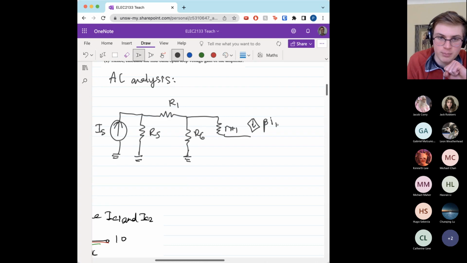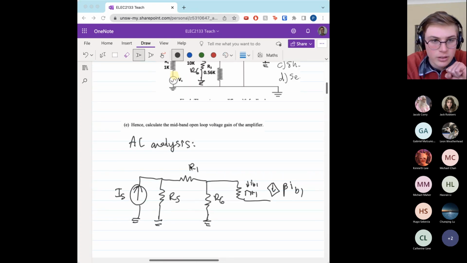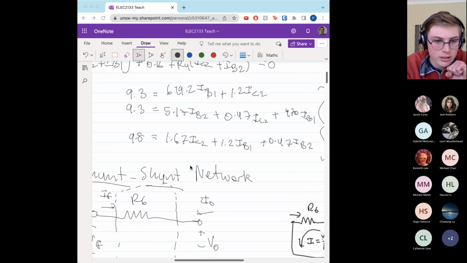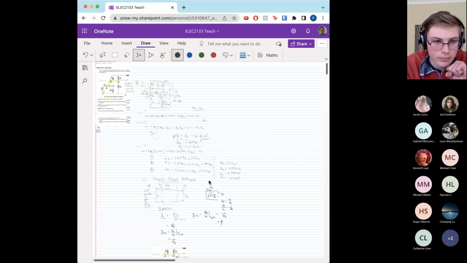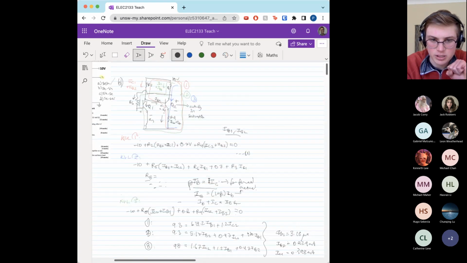as beta IB1, right? Because remember that GM is, I forget these equations even, you'd know what GM is. It's IC on V thermal or something like that. But you can relate GM, and for part C, we don't need to. What was part C? I don't believe so, Catherine. Possibly you do, if you want to find the feedback.